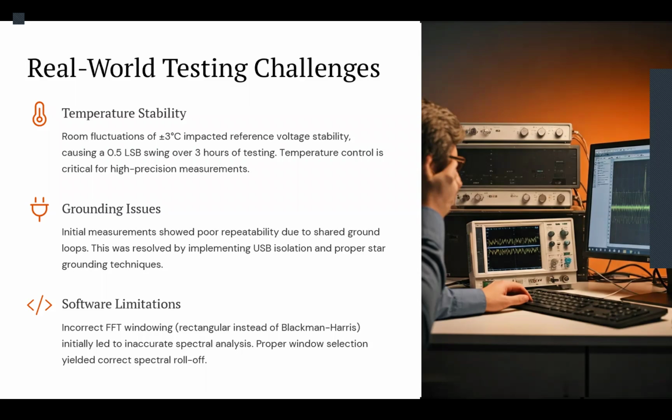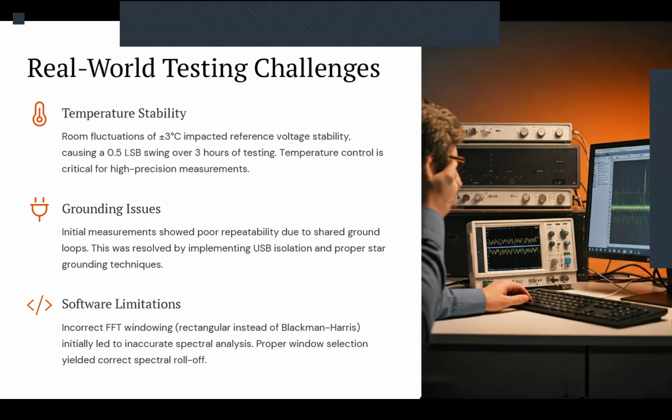The solution is to use USB isolation hardware, implementing a star ground configuration where all the grounds are connected to a single reference point. This minimizes the noise and the ground loop effect.